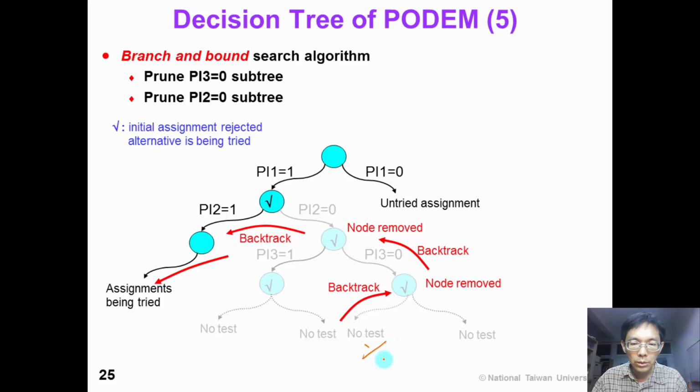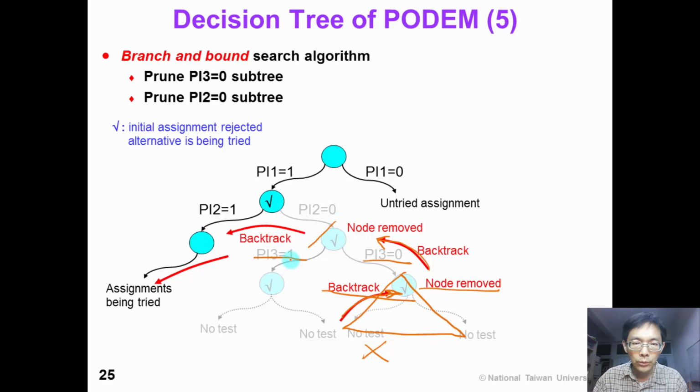Unfortunately, if there is still no test, then we backtrack up to this level and remove this subtree completely, and we backtrack one level up since both values of PI3 have been tried.